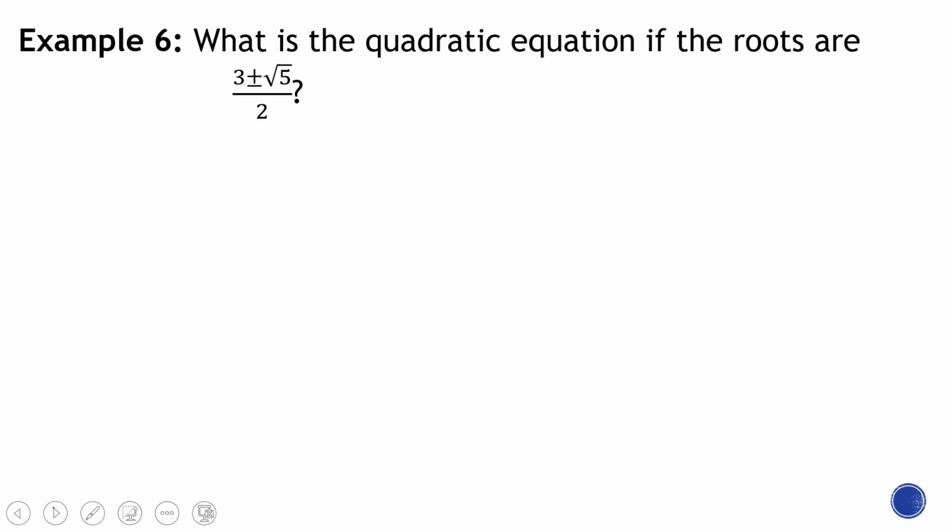Let's see what we have here. Okay, so let's have x equals 3 plus square root of 5 over 2, and x equals 3 minus square root of 5 all over 2.